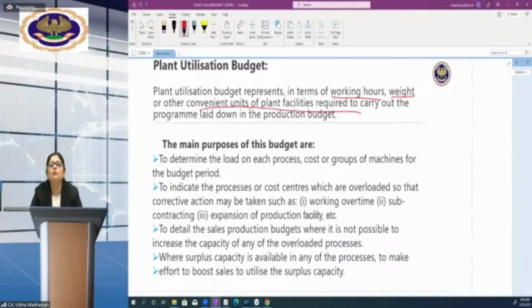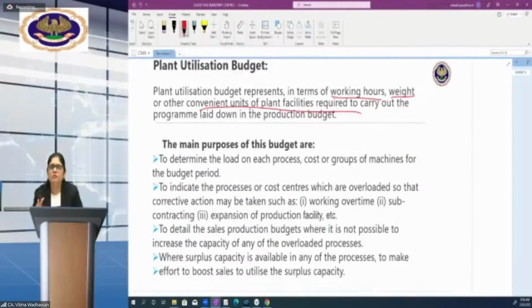So the plant utilization budget means how much capacity of the plant we are expected to utilize in the future. If the current running capacity is 70%, how much plant utilization is expected? Again, the base is the sales and the production. Clear? So accordingly, the plant utilization budget is made.